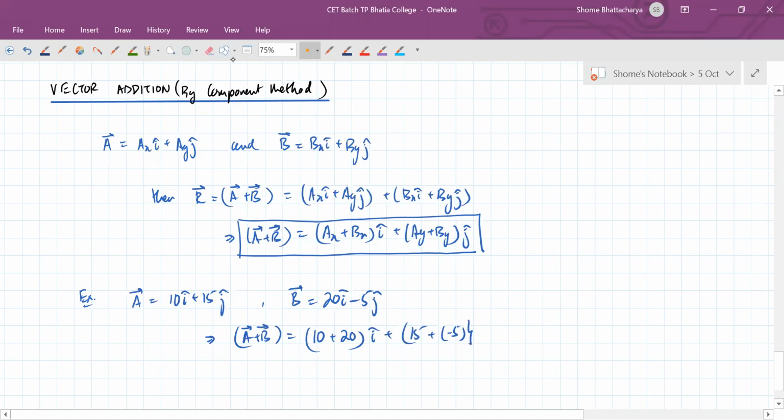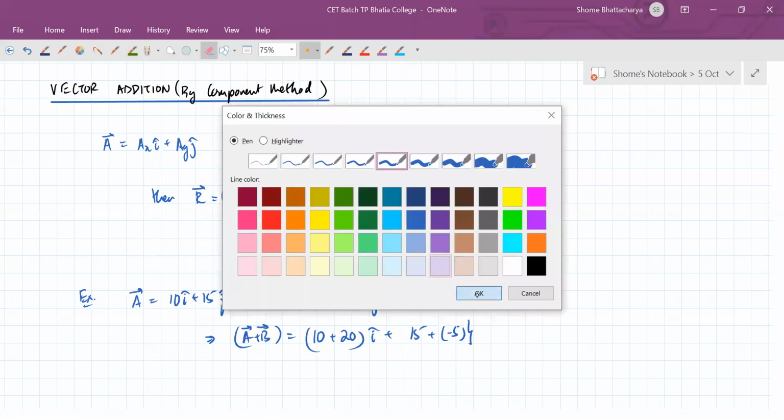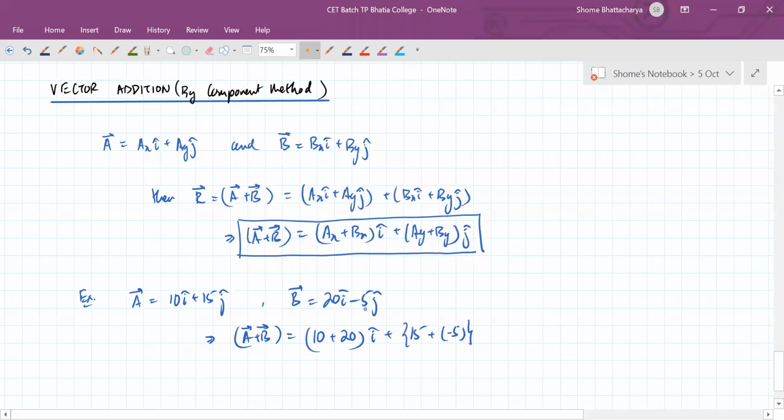So we'll have to make sure that we take care of the algebraic sign of the components here. We are adding the components, but B's y component is with a negative sign, so it will show up here with the negative sign. So this will ultimately become how much? 30 i cap plus 10 j cap. So that is now the resultant sum of A and B.